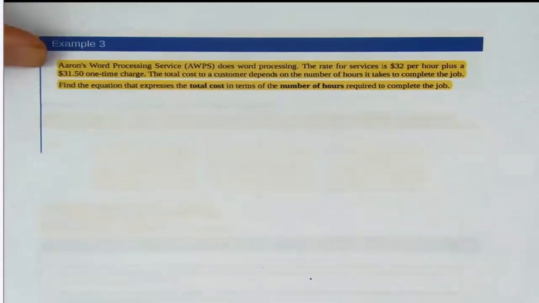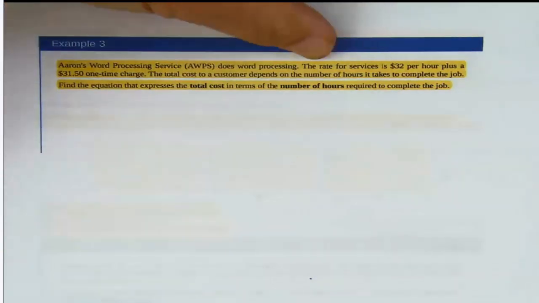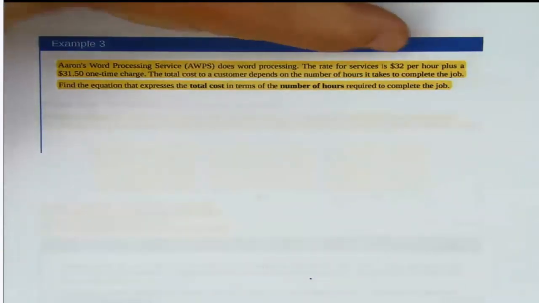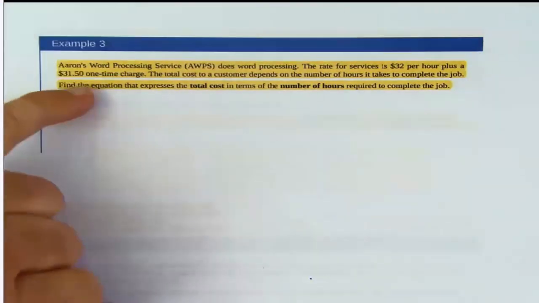So we're told that Aaron's word processing service does word processing, so they type up reports and whatnot. The rate for services is $32 per hour plus a $31.50 one-time charge.